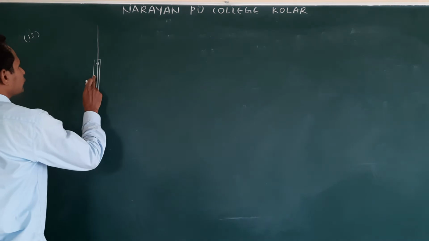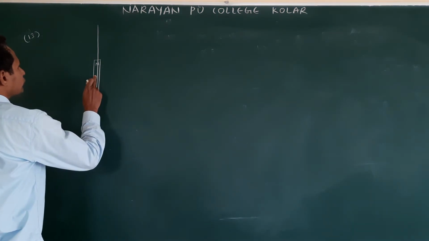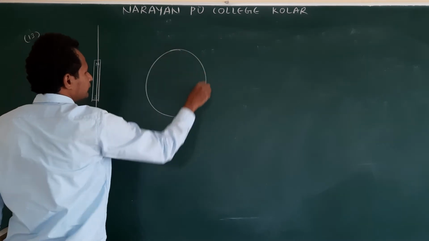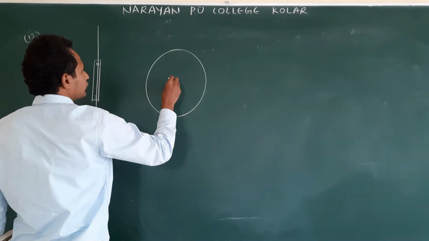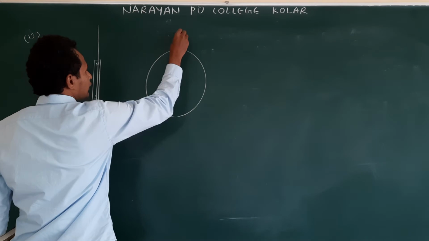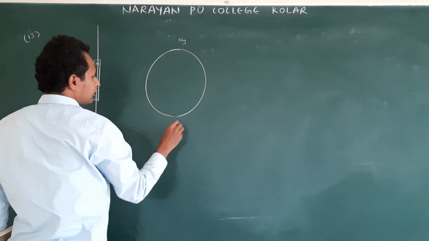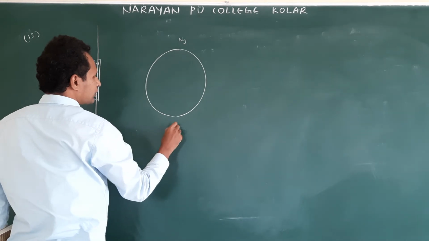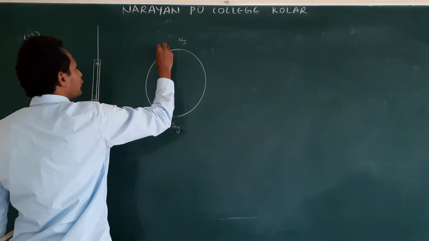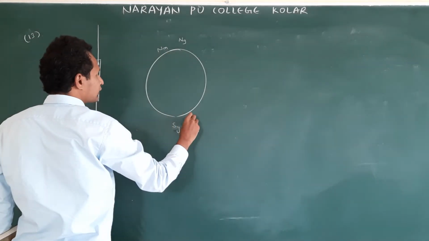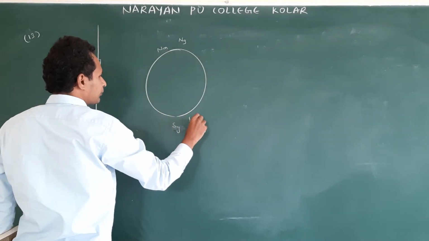Now, to understand this problem, if you take the earth, this is geographic north, this is south, and this is magnetic north, and this is magnetic south.